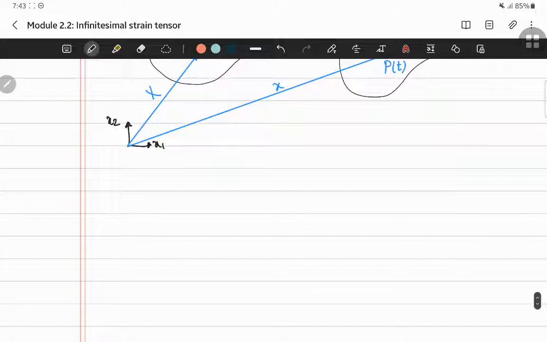So if you recall, we previously had x, the vector in the current configuration, equal to the vector we had in the reference configuration plus the displacement vector. This was basically in the material coordinate.